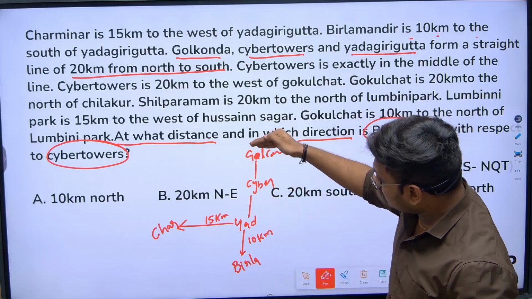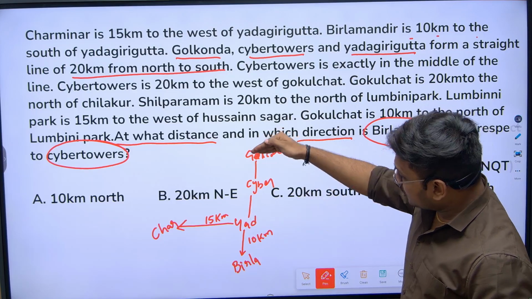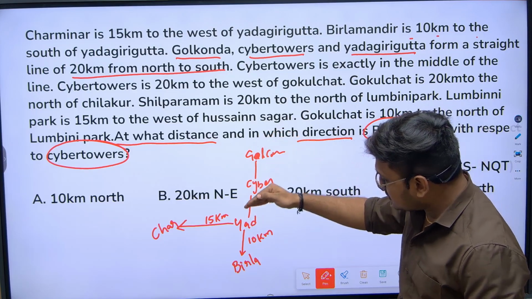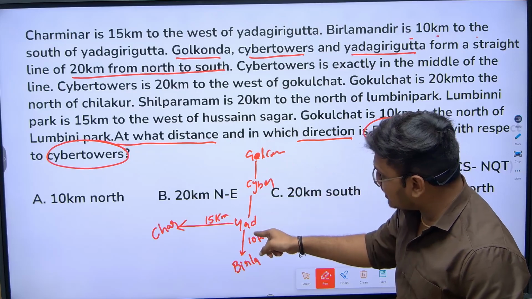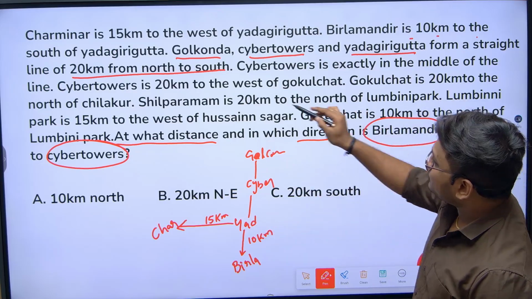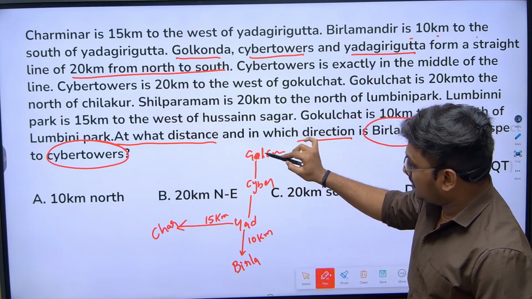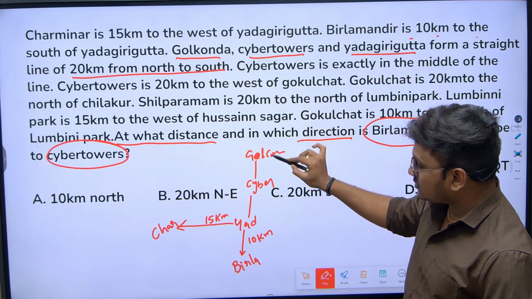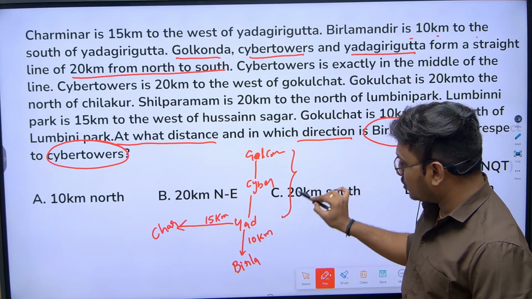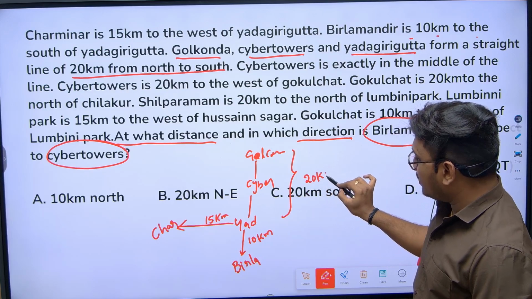From here to here, total 20 kilometers. Total distance from Golconda to Yadagiri Gutta is 20 kilometers.